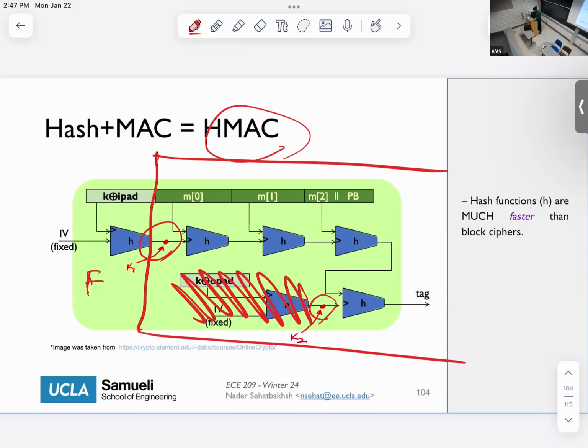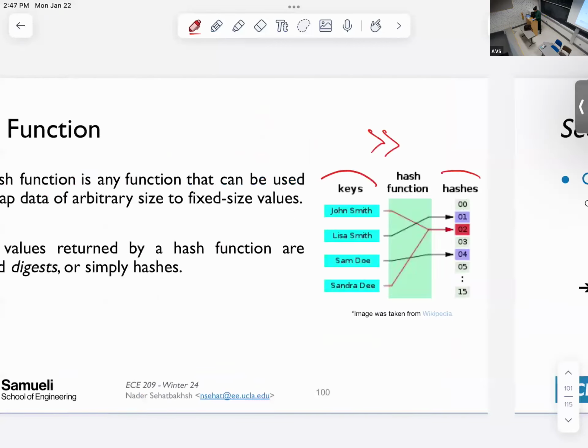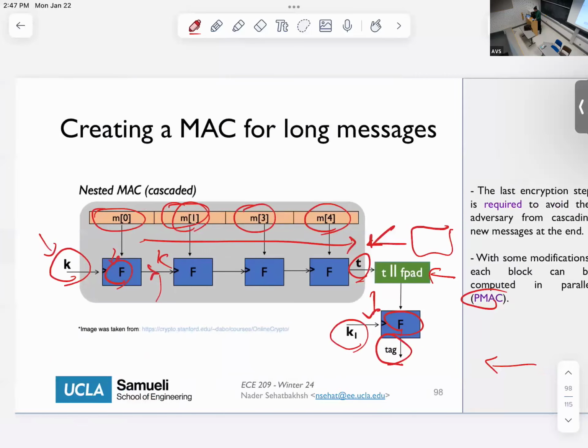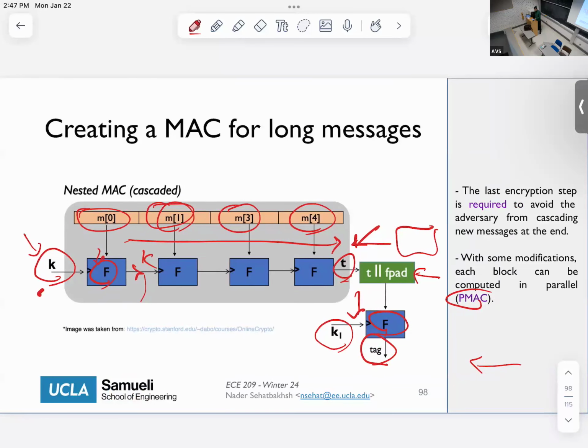The NMAC was, if I go back, key here, message here, F, F, F, all the way to here, then another key here, and another F, and then the tag. The HMAC, essentially, instead of this F, changes it to H, and then does the exact same thing. There are slight differences, but in general, that's the idea of an HMAC.